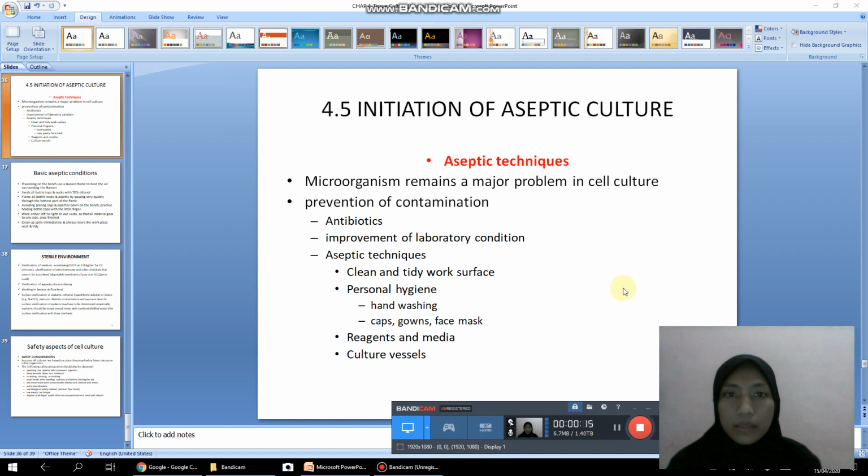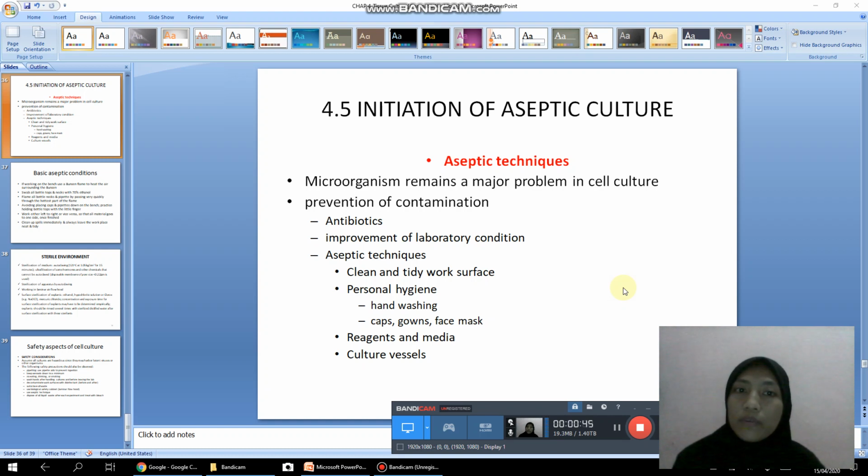Okay, so the thing that you need in tissue culture is basically a very clean environment. In order to prevent contamination, you have to have antibiotics in the media. That means when you are making the media, you have to put antibiotics and all of the drugs that you need in order to kill fungus or bacteria, anything like that.